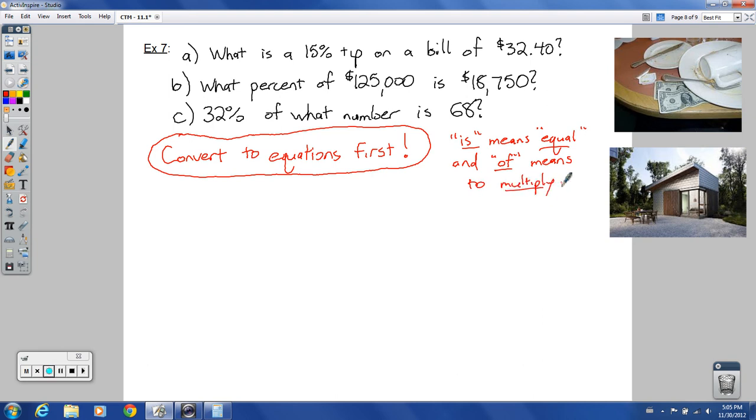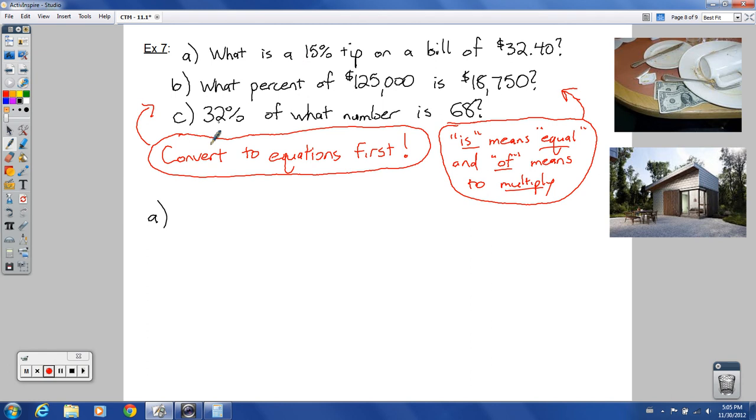So in the context of these types of problems, that's going to be true as well. So if you see that up here in these problems, we want to do that. So we want to take these and convert them to equations first, and "is" means equal, "of" means to multiply. So let's take these one at a time and see what we got.